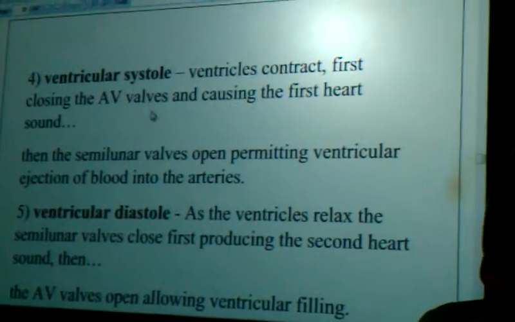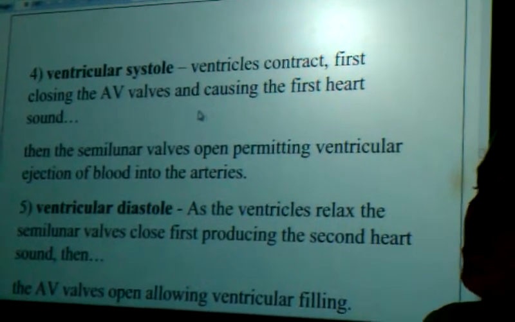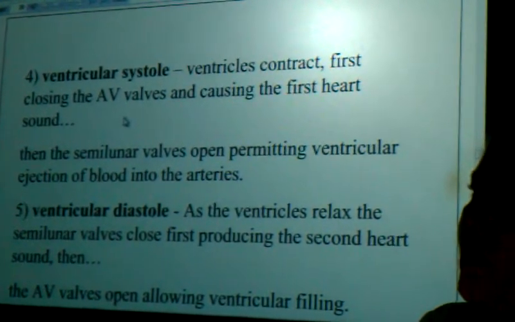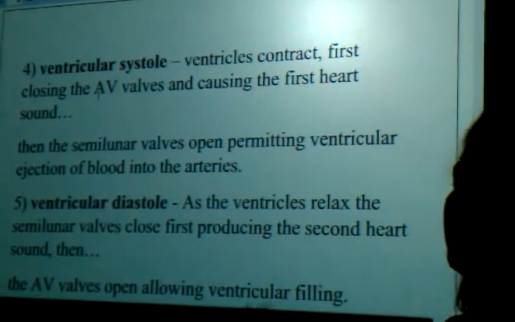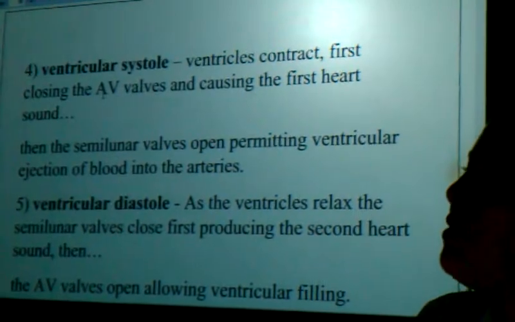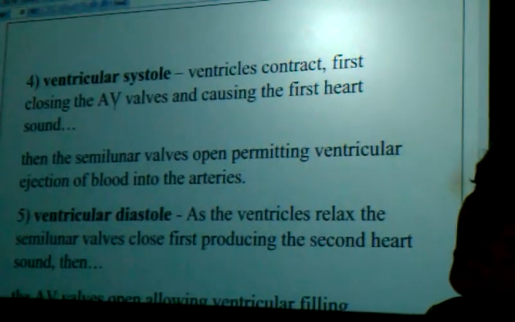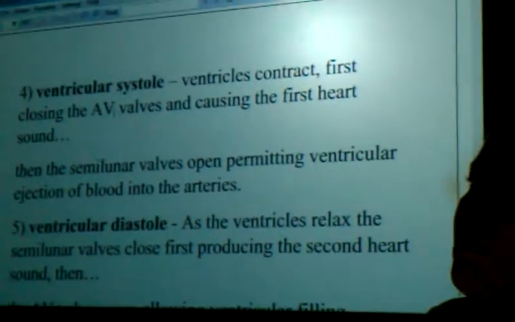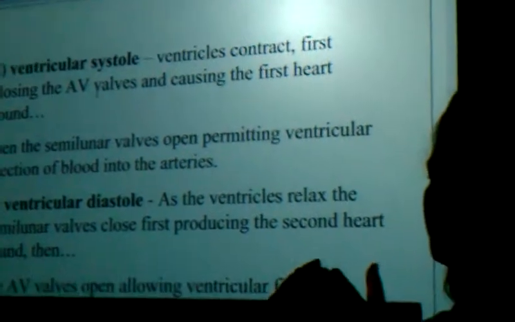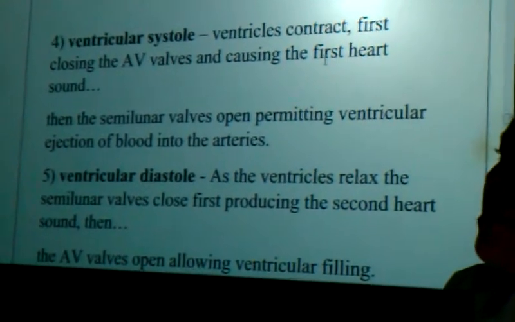Ventricular systole, when that starts to occur, the myocardium of the ventricles begin to contract. When the wall starts to contract, a number of things happen. The tension on the chordae tendineae of the AV valve is loosened, and the AV valve cusps are able to snap shut. When they snap shut, you get your first heart sound.